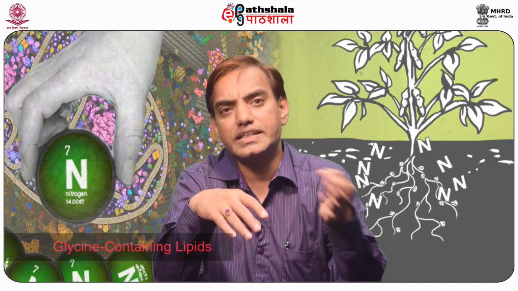Another very important example is glycine containing lipids, which is N3D13 methyl tetradecanoyl oxy 15 methyl hexadecanoyl glycine. The latter subtype, having glycerol with its ether linkage, is primarily derived from homoserine, but there are examples where you will find a few with alanine moiety.